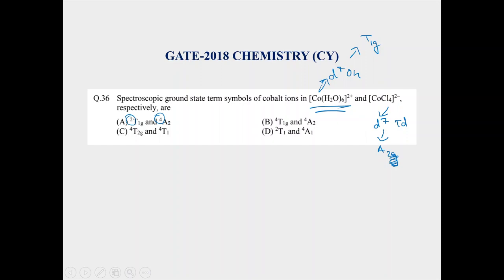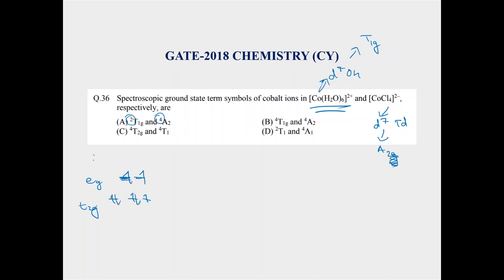And next comes the spin multiplicity. We already found out that for both the complexes it's a d7 system. In octahedral, the degenerate d orbitals split into t2g and eg. d7 means 1 2 3 4 5 6 7.